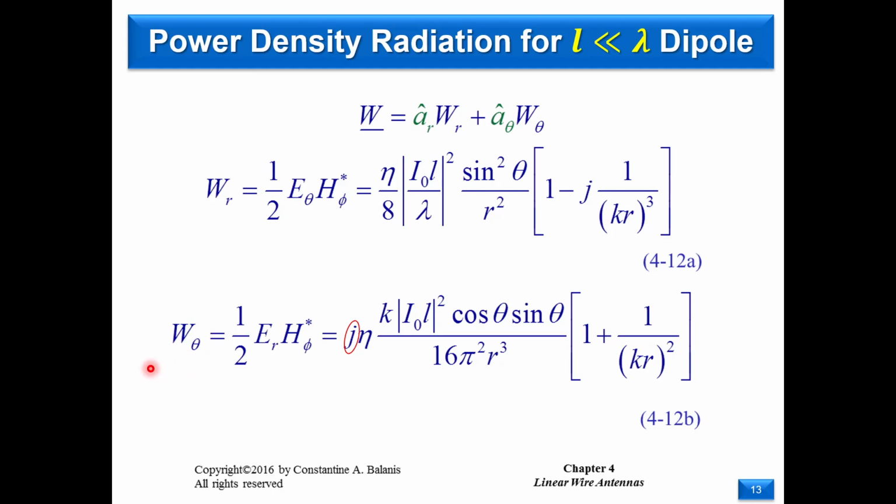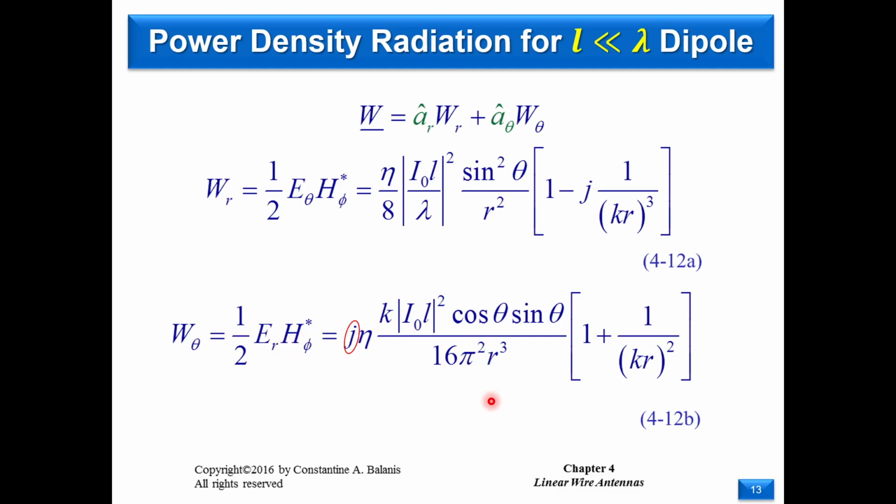W_theta here is all imaginary. It depends on 1 over R cubed, and another term depends on 1 over R to the power 5. So this is imaginary power, which means it's a reactive power. It's similar to the power in a coil or in a capacitor.